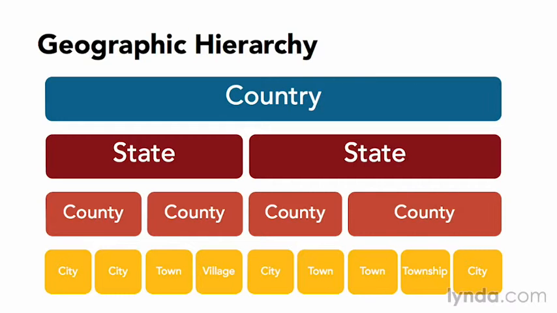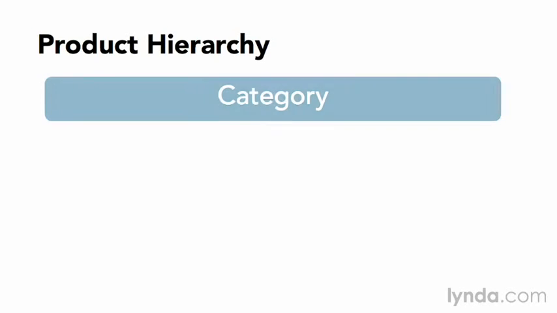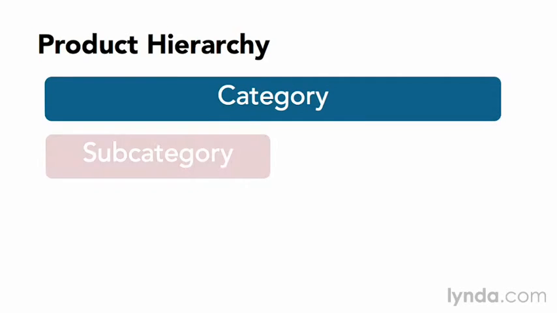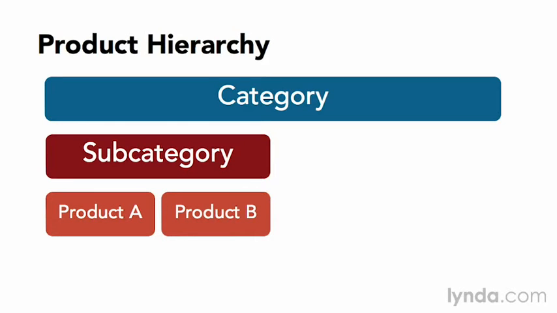Now, we have other hierarchies in our data as well. We just got done adding some product columns using the related function because we have a hierarchy there as well. We have categories, and within those categories, we have subcategories, and within the subcategories, we have products. So, for example, we have a category for computers and subcategories for printers and specific printers.